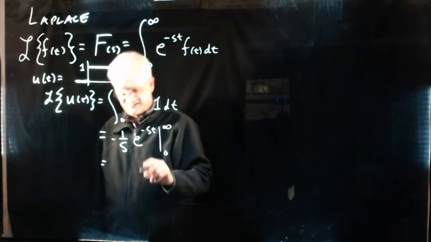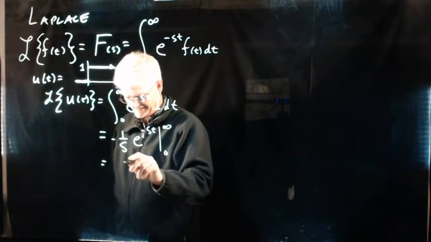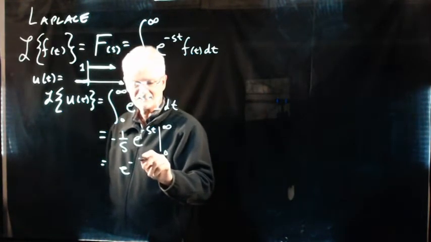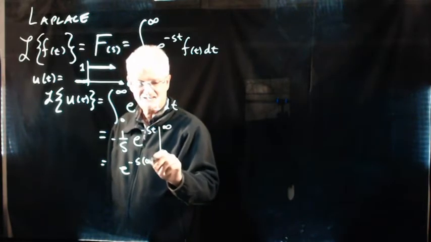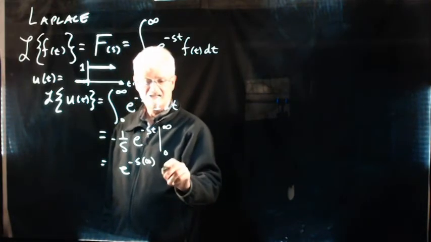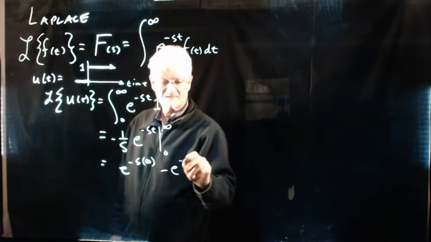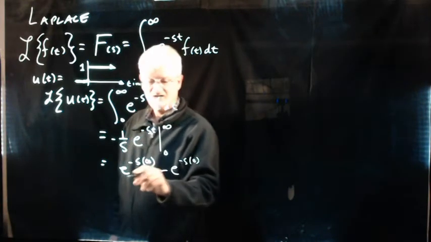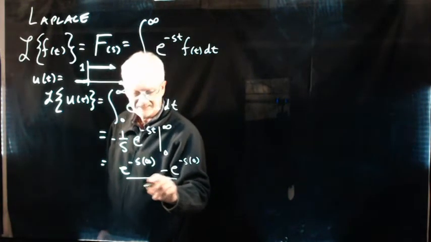Let's go ahead and do that. This is e to the minus s times infinity. That's e to the minus st. Minus e to the minus s times 0, all of that over minus s.